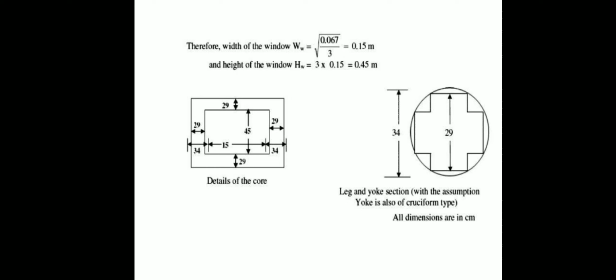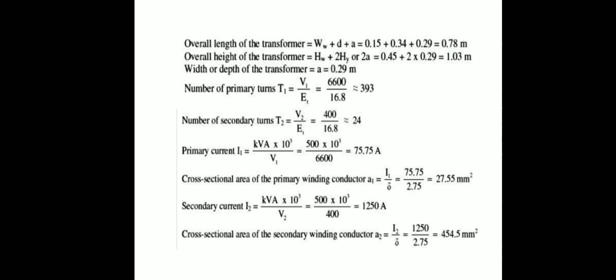See the details of the core from the solution. This second diagram is a cruciform core, leg and yoke section, with the assumption that the yoke is also of cruciform type. All dimensions are given in centimeter. Overall length of the transformer, given by WW plus D plus A, is equal to 0.15 plus 0.34 plus 0.29.